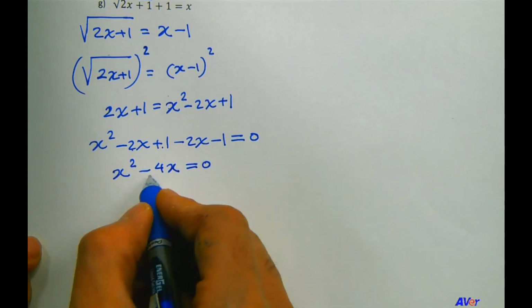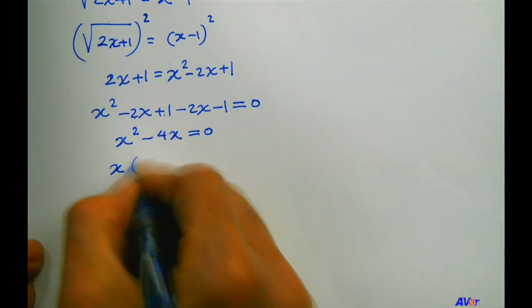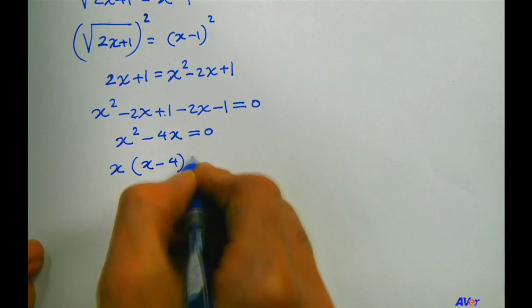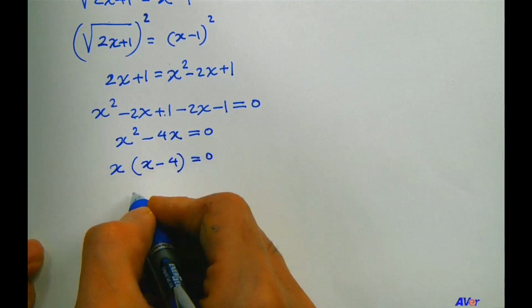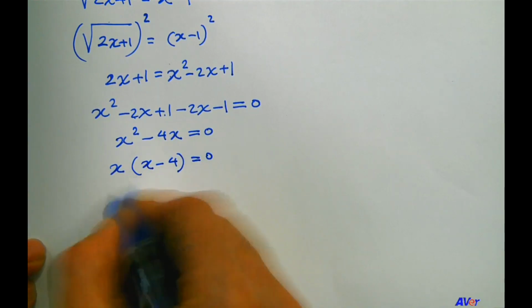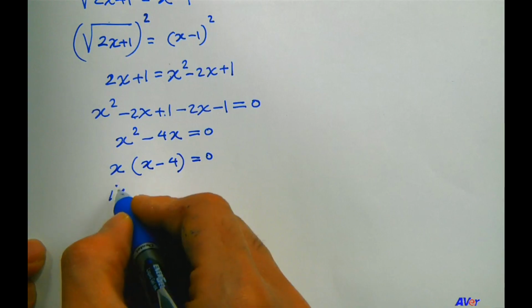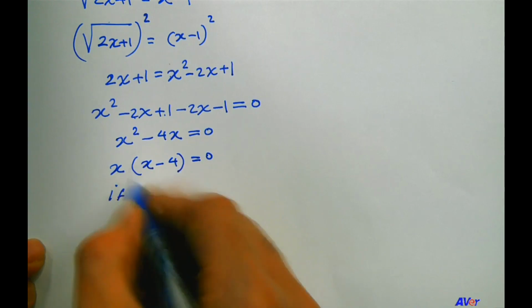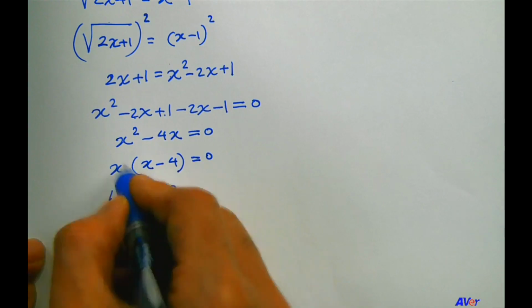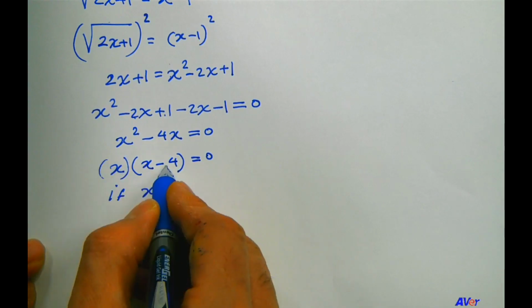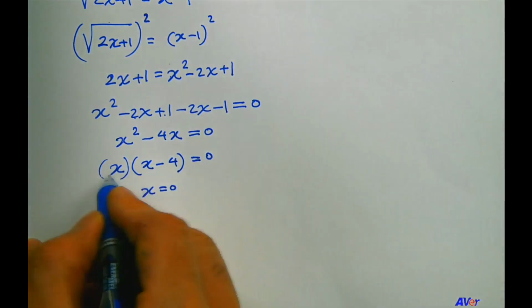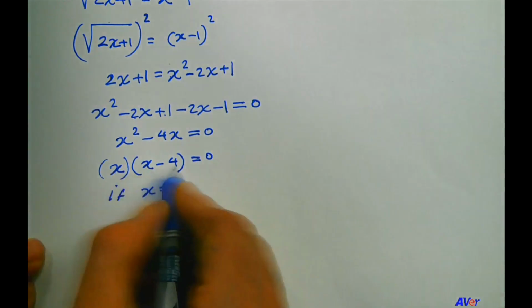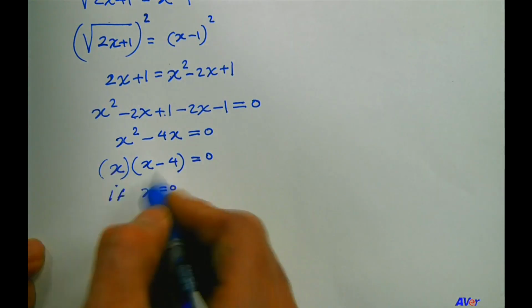So can we solve this? Yeah, very easily, right? We can factor this out. x times x minus 4 equals 0. Then by the zero product property, we know that if we have two factors that multiply to 0, that means either this factor is 0, or this factor is 0, or both of them are 0.